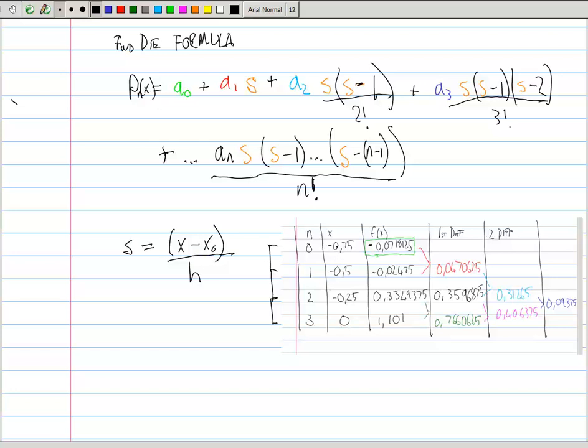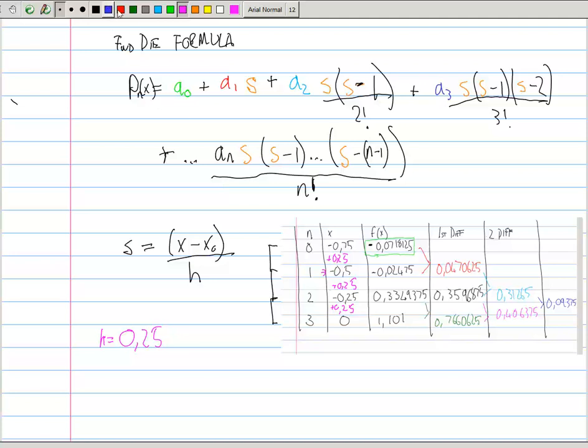In this case, we can see each time it's separated by 0.25. We then end up with plus 0.25, plus 0.25, plus 0.25. And that 0.25 is going to be our h. h is going to be equal to 0.25. It is our difference.